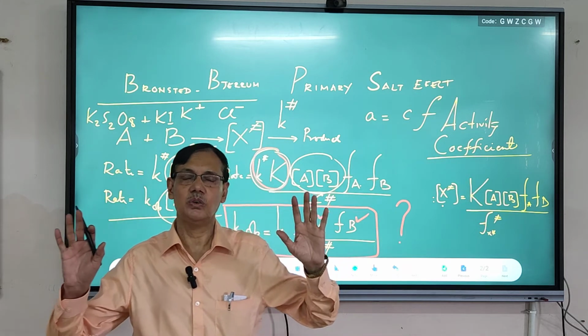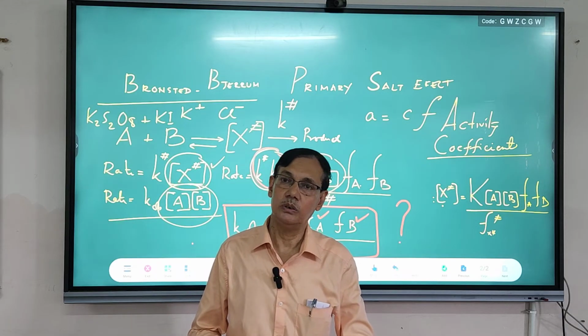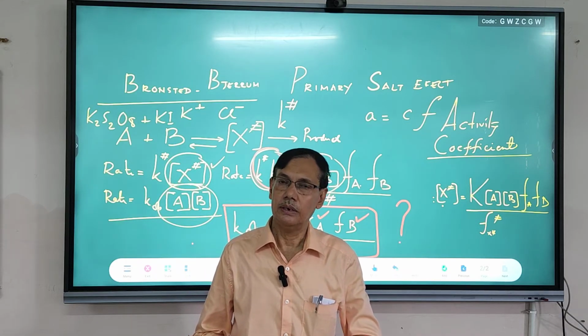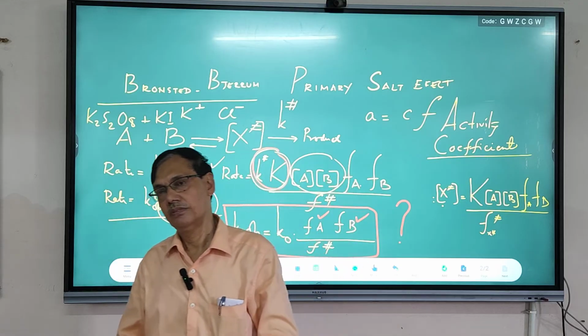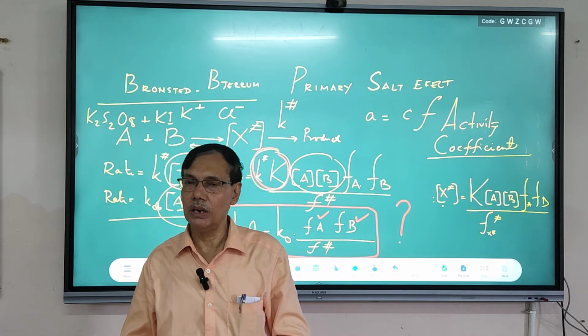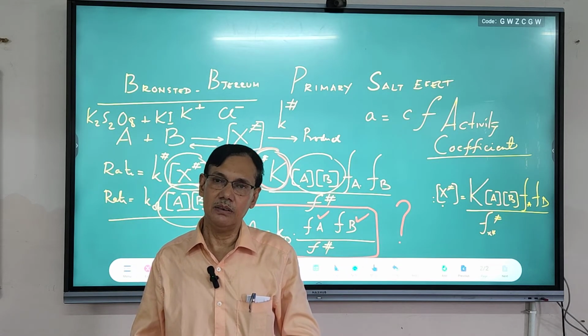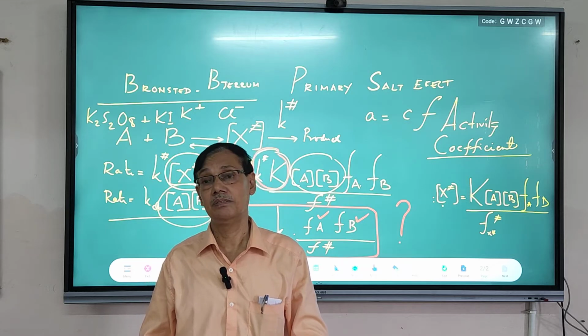In the year of 1921 or 1922, a great scientist, a Nobel laureate, his name is Peter Debye.